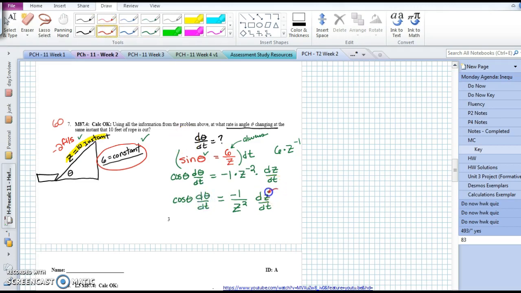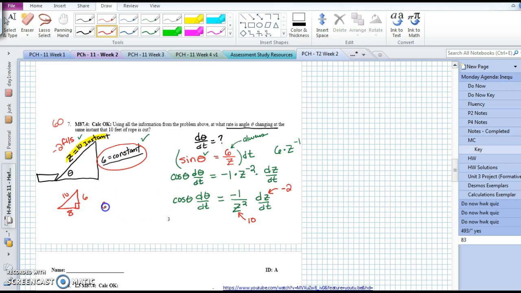Well, this dz dt I was given as a negative 2. It's negative because the rope is getting shorter. And when this is 6, and now I know when this is 10, I can figure out the ratio. So I'd have a 10, 6, and 8 triangle.